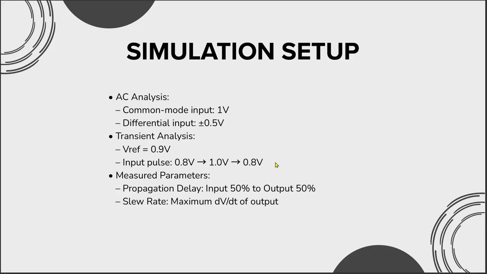Then I calculated propagation delay, that is the time difference between input crossing 50% of voltage reference and output reaching 50%, and slew rate, which is the maximum slope of the output voltage. These values help us understand how good the amplifier is as a comparator.